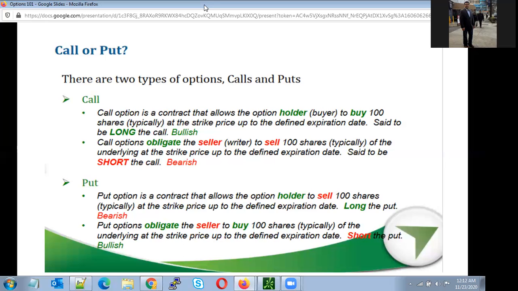When you are selling a call, your assumption is that the stock is going down. When you are selling on the call side and getting premium, you are assuming this is the highest limit and it won't go up.